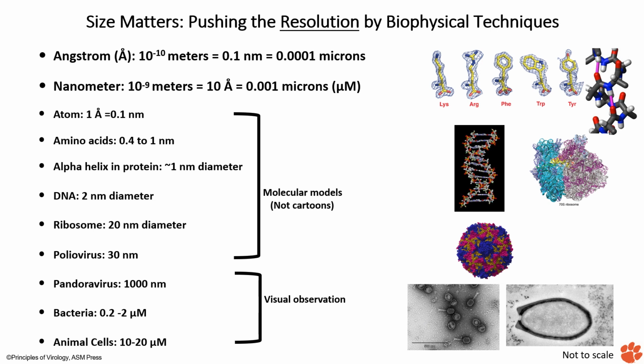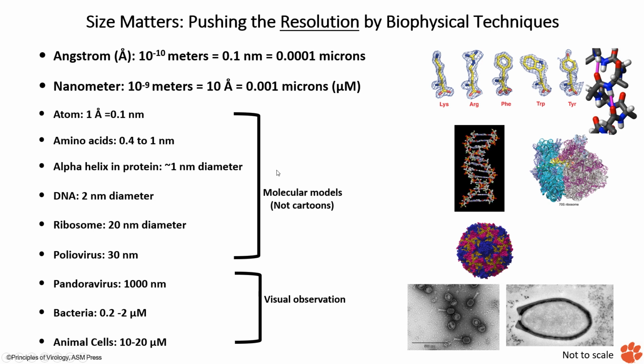So now after you have that typical structure, you have to find the atomic model, the molecular model, by something else. And here comes X-ray crystallography or cryo-EM. So here we can see that at a lower resolution, say for example, right here is a poliovirus at 30 nanometers.